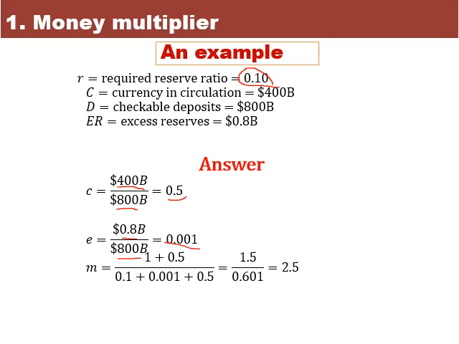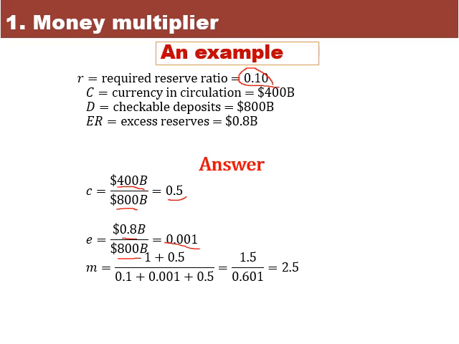Now we have the three required ratios, so we can substitute them directly in the formula of the money multiplier, where m equals (1 plus c) divided by (c plus e plus r).